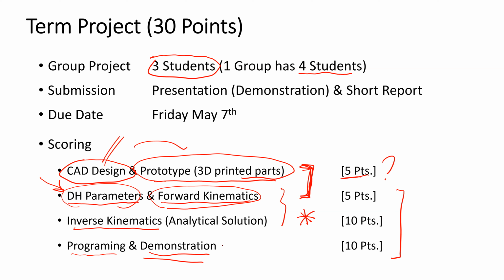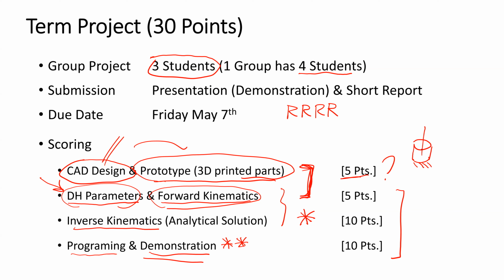For the demonstration, what I expect from you is that if we have a robot with 4 joints, the revolute joint, the joint may be arranged in different possible way.